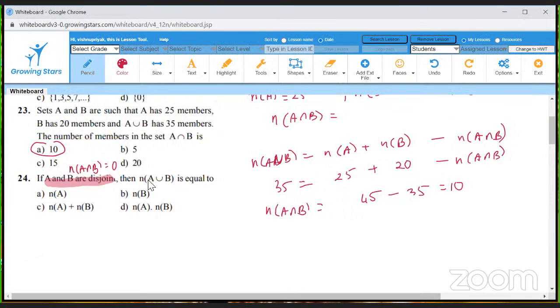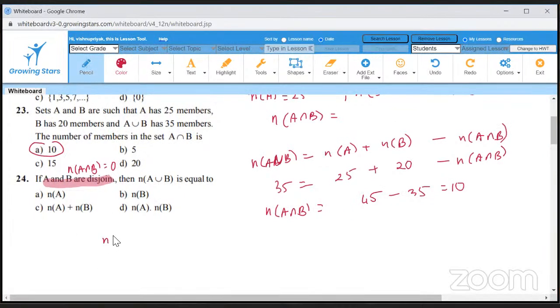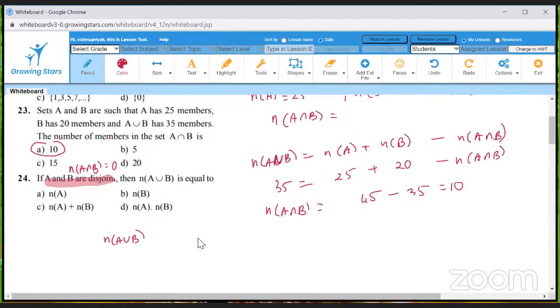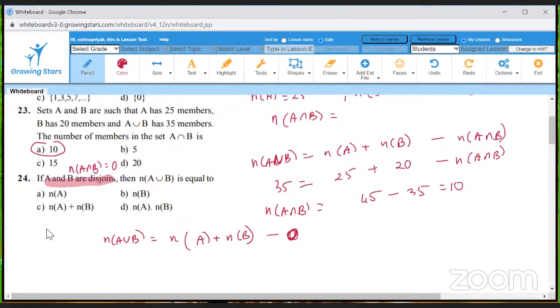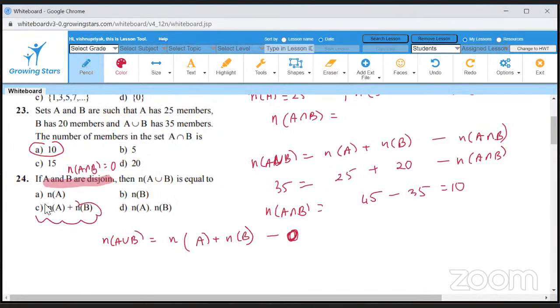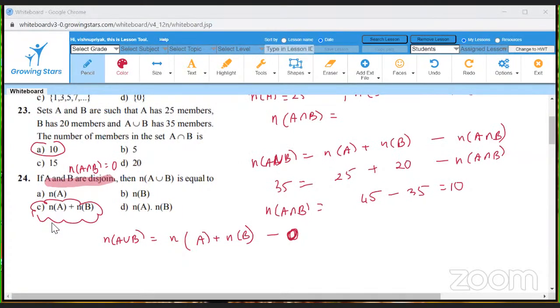Then A union B will be equal to, in the formula, A union B, you will have N of A, N of B, minus A intersection B will be 0. So option C is correct for 24. Kumar, not D. C is correct. Okay.